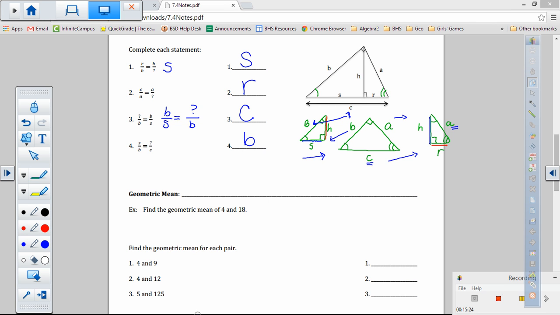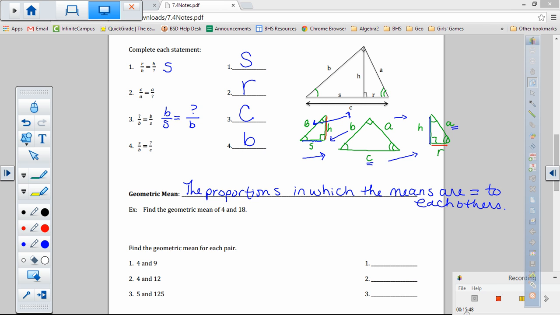All right, a geometric mean. It is the proportions in which the means are equal to each other. Okay, so first of all, you need to know what the means are, right?